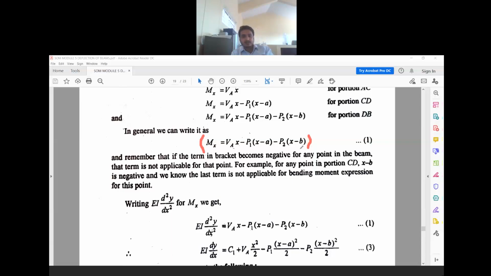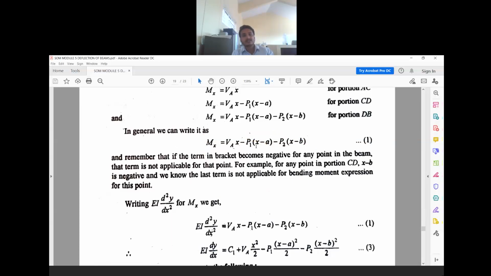So suppose if x minus b is negative, then don't consider this portion. Okay, if x minus a is negative, then don't consider this and this portion, only consider VA into x. So that is the condition you have to follow.